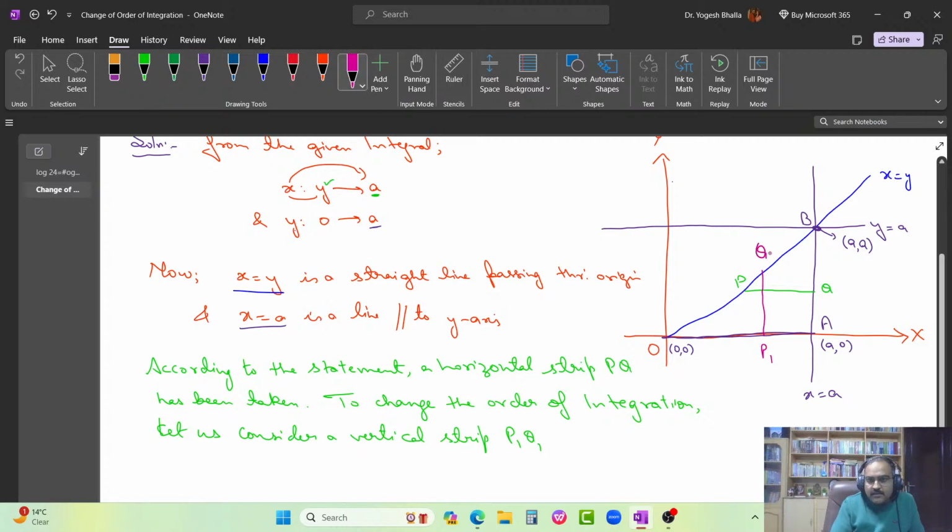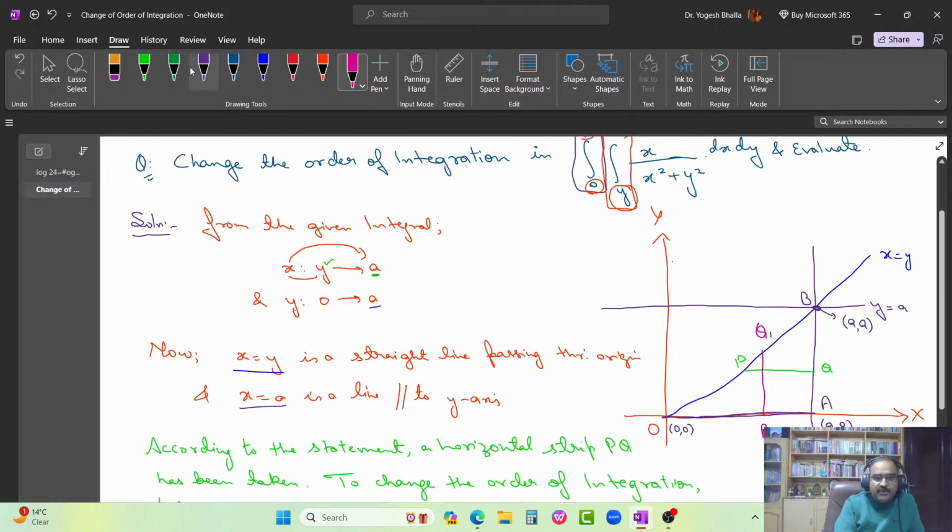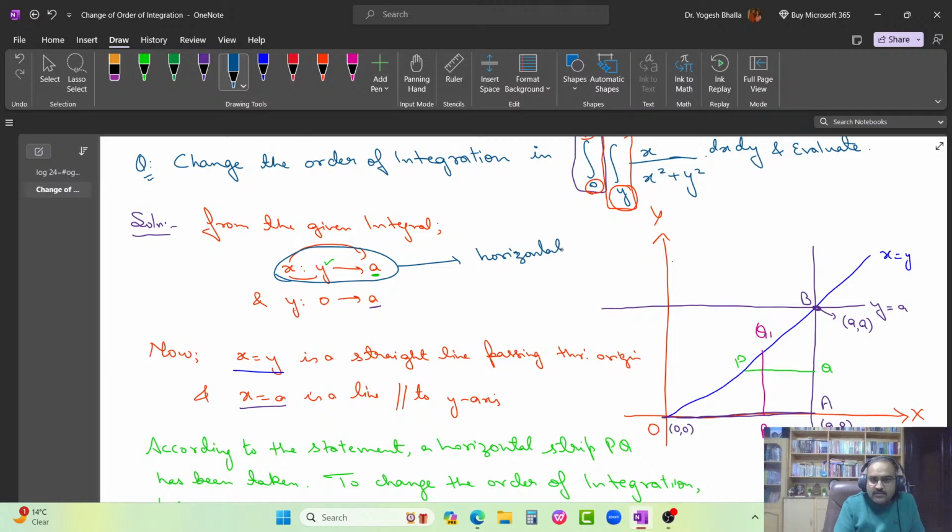Keep one thing in mind: whenever you are provided with limits of x, you have been provided a horizontal strip, and to change the order of integration I need to convert it to a vertical strip.